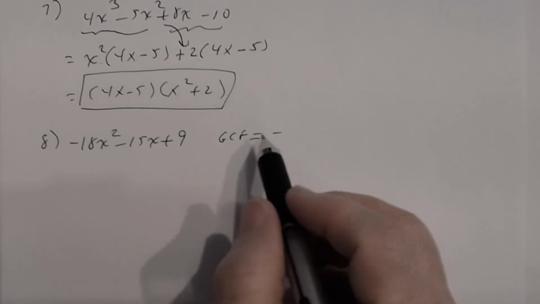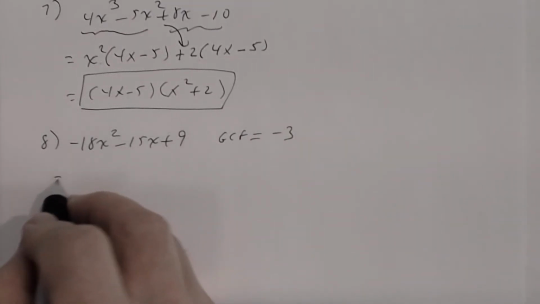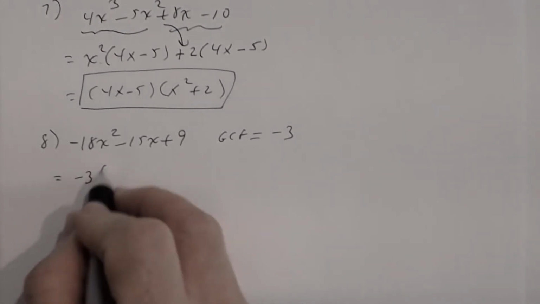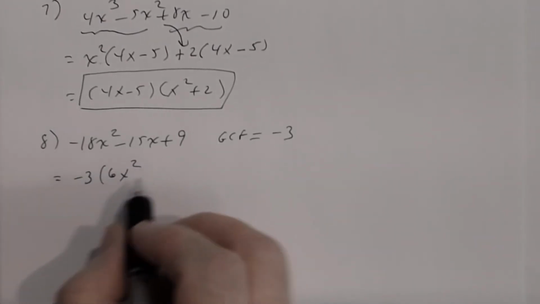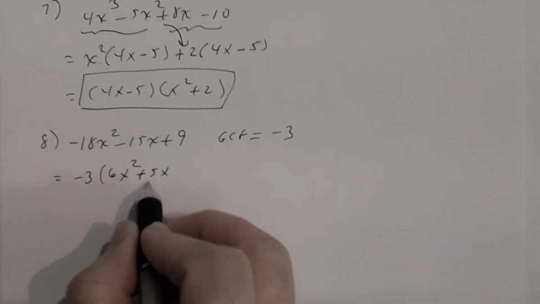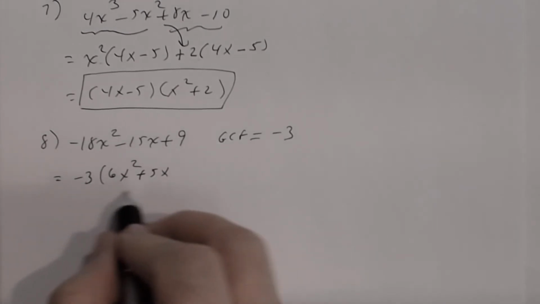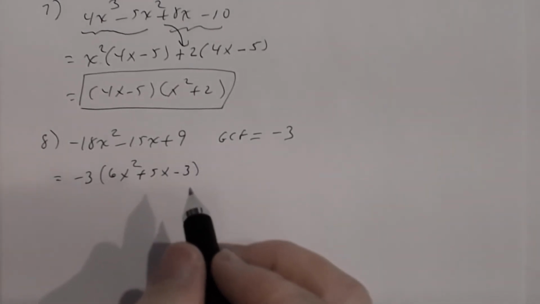In this case, it looks like the GCF is negative 3. So I factor out a negative 3, and I get negative 3 times 6x squared is a negative 18x squared, and negative 3 times a positive 5x is a negative 15x. A negative 3 times a negative 3 is a positive 9.